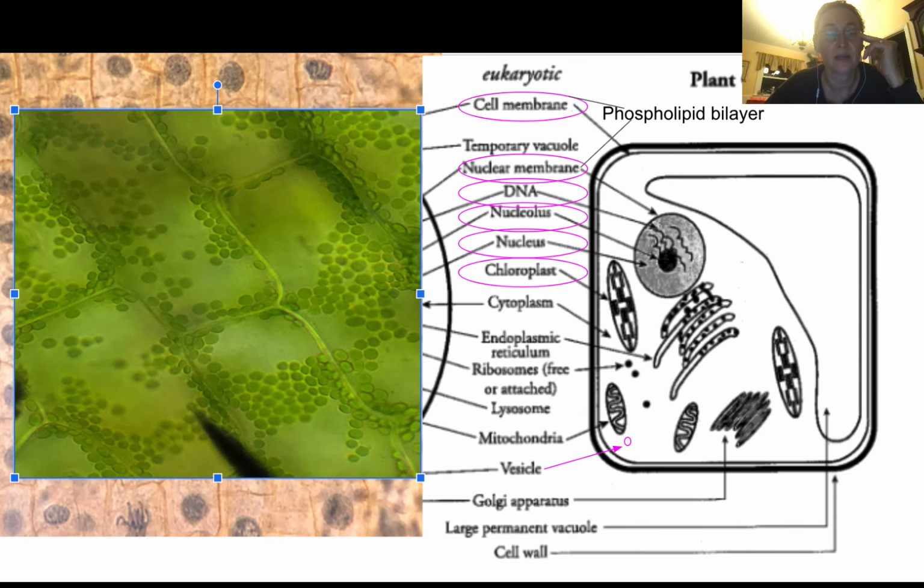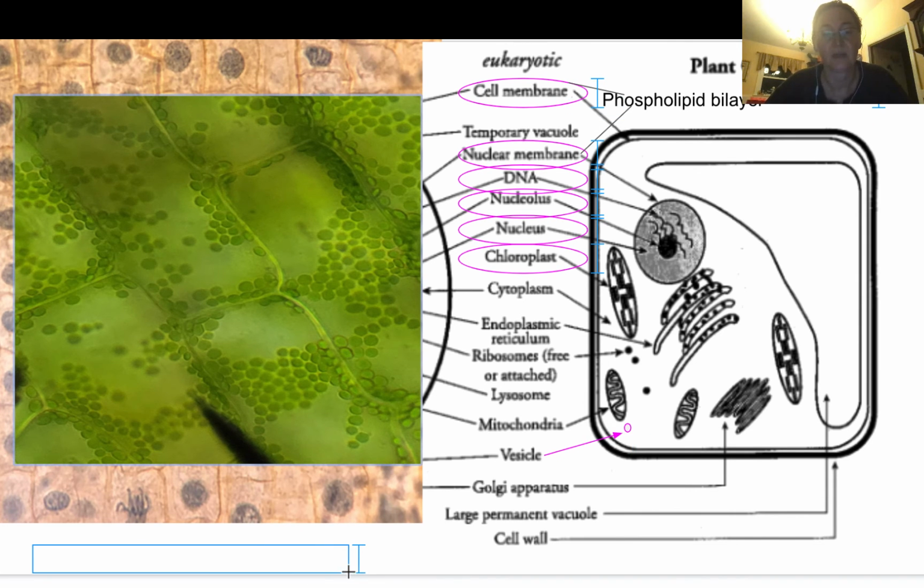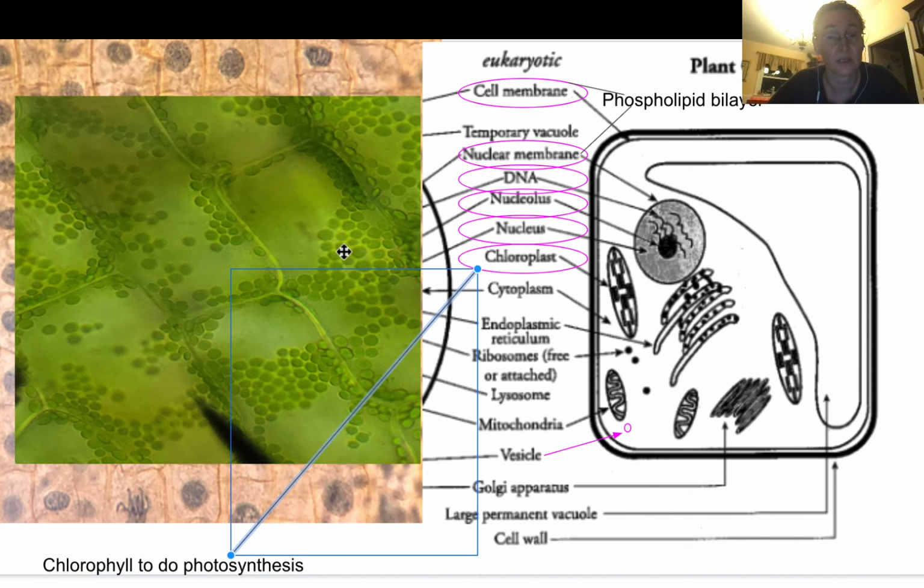And those chloroplasts are green because they have chlorophyll, a green pigment, to do photosynthesis. Those chloroplasts are green, and therefore plant structures like leaves are green because of the chlorophyll.